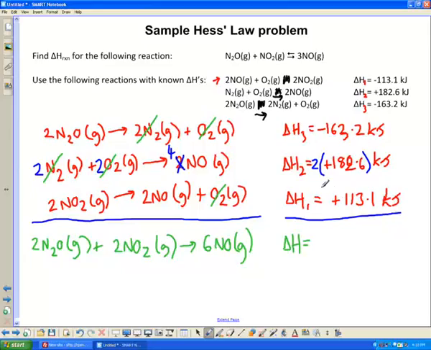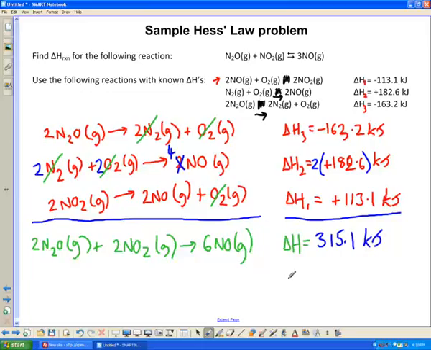Well, we have negative 163.2 and we have 182.6 times 2 plus that plus 113.1 gives us a total enthalpy change of 315.1 kilojoules.